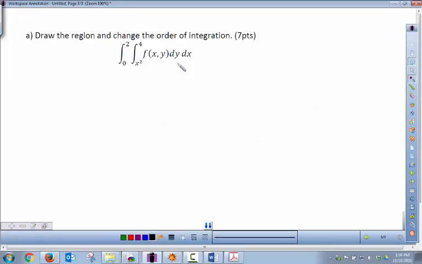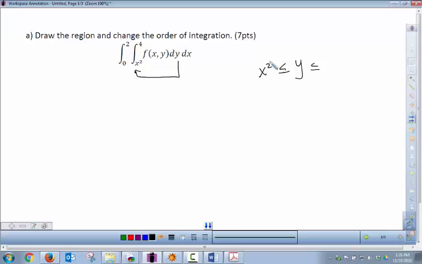We have y limits. So the first thing that I would do is to try to find out how things work out in y. And so I have y limits, and it's important to go low to high, left to right. My lower limit is x squared. So I have y equal to x squared as my lower limit.